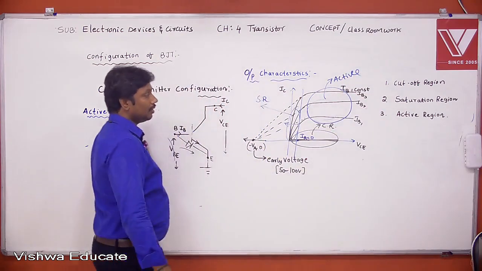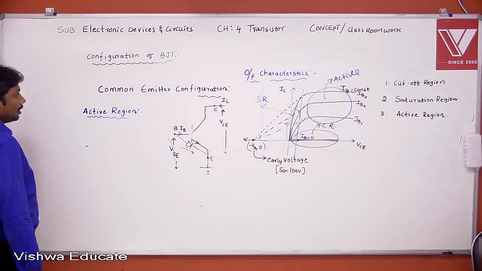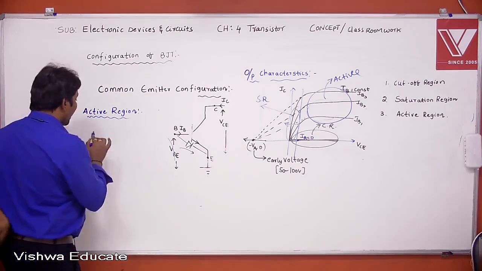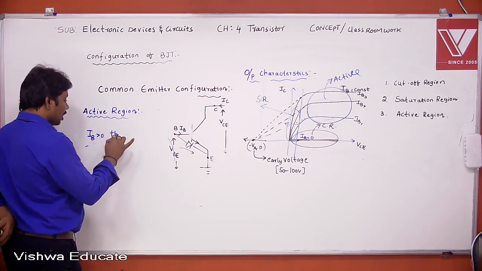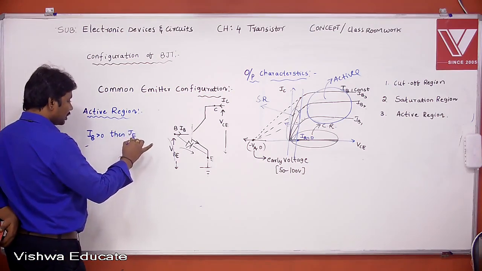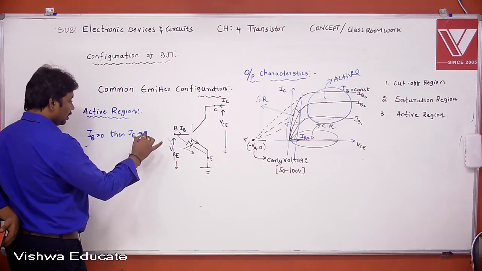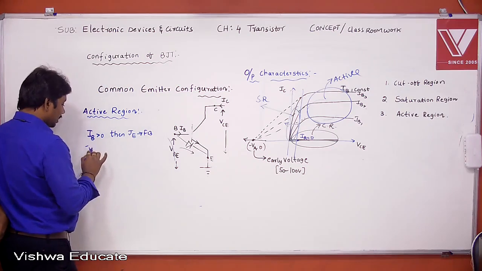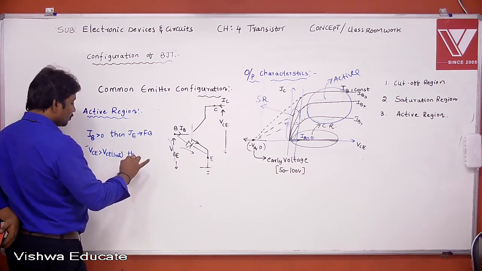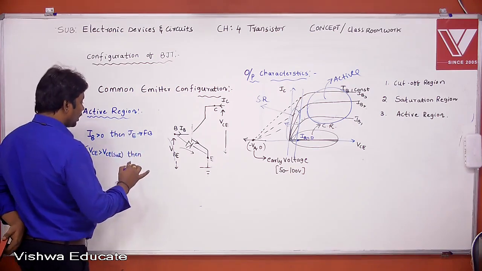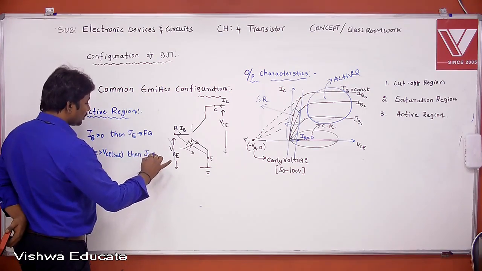If IB is greater than 0, the emitter junction is operated in forward bias. Similarly, VCE is greater than VCE of SAT.